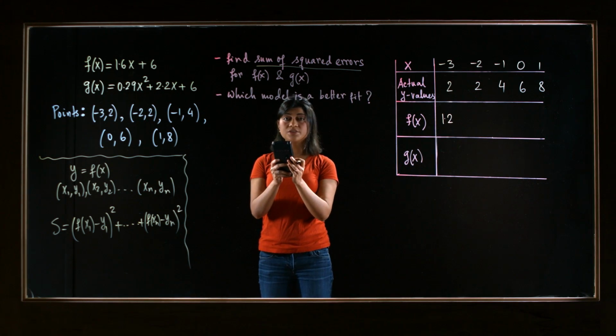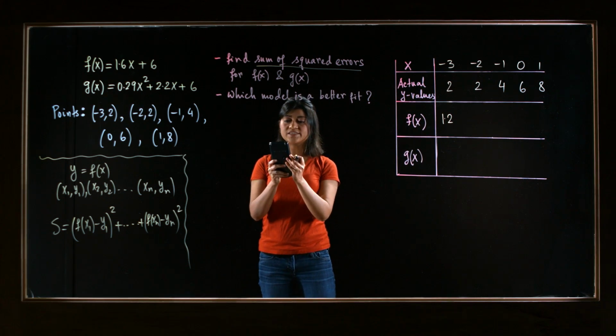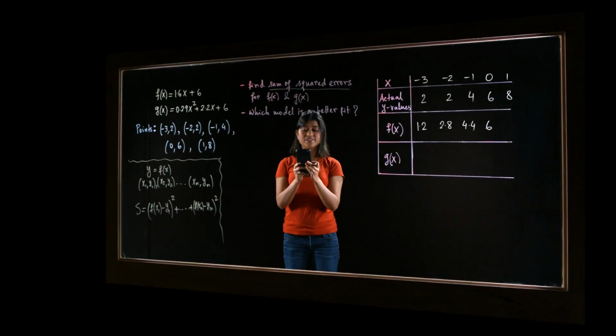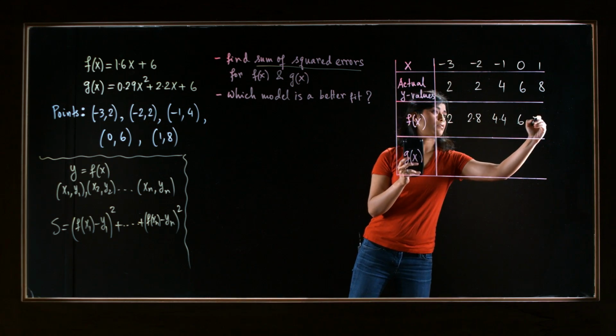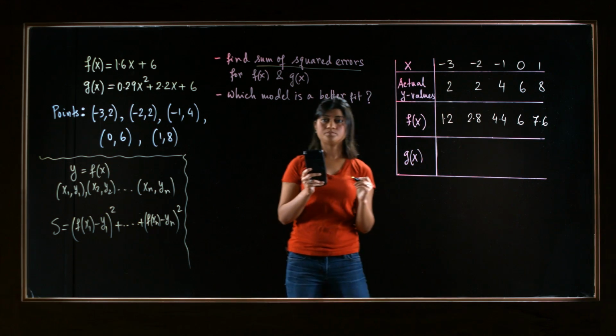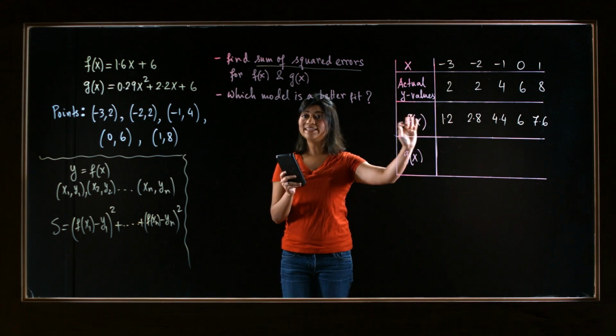Then do the same, 1.6 times -2 plus 6, up to 1.6 times 1 plus 6, that's 7.6. So those are the values for the linear model.